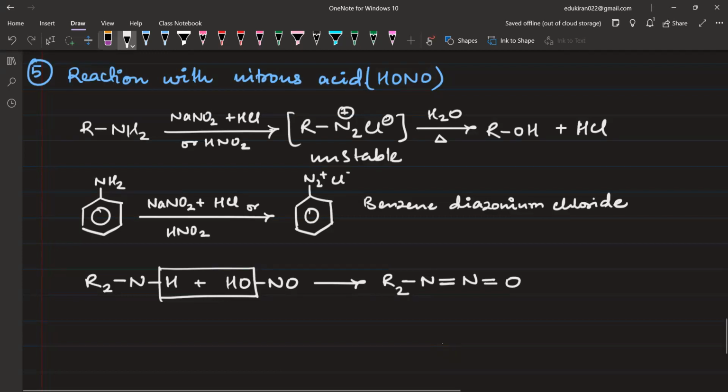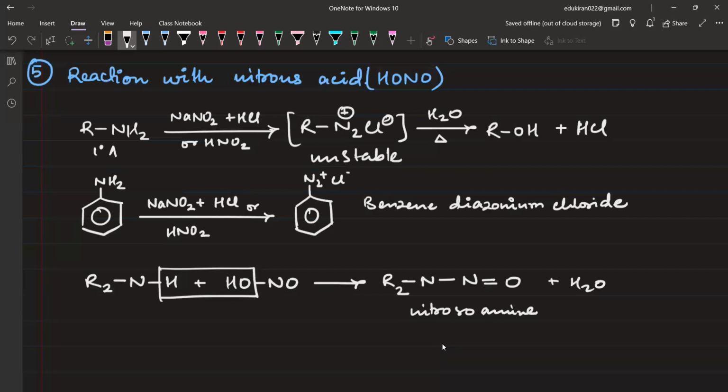Right, no, one second, this R2 will have 2 bonds. Yes, okay, this is nitrosoamine. Keep in mind, when I say R2 bonded to N, it is actually R and R. There are 2 bonds, so the total for this nitrogen is 3 bonds. Nitrosamine plus you will get water.